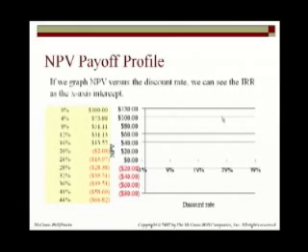We can actually find the net present value of a project at different discount rates. And if we did that and we plotted them, each little box represents the net present value at a different discount rate. And you can see a couple of things. First of all, notice that as the discount rate gets larger, the net present value gets smaller. The net present value is 0 at the internal rate of return, right here.